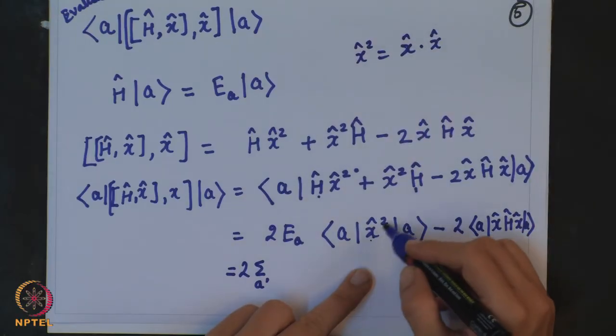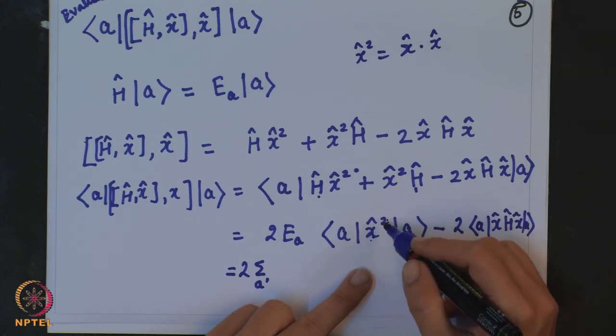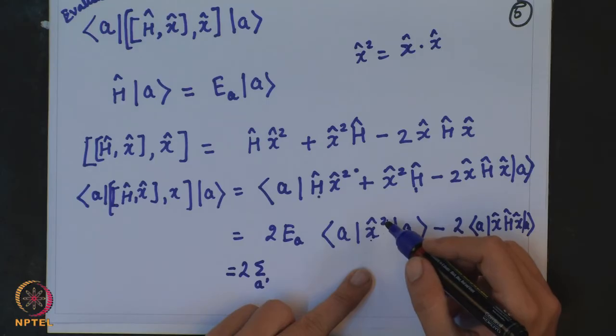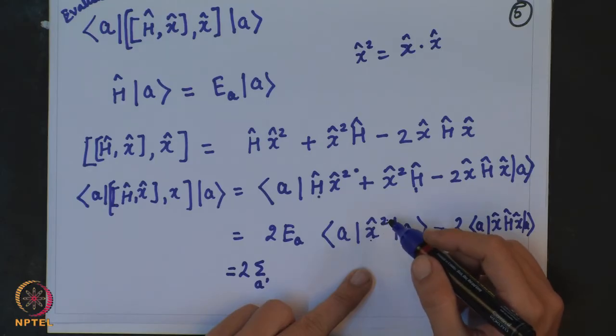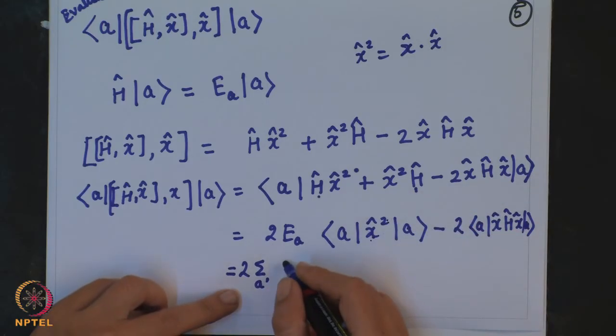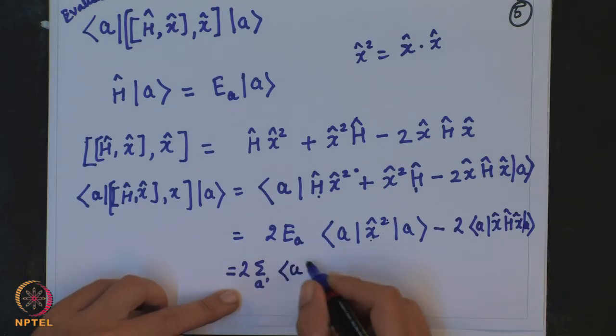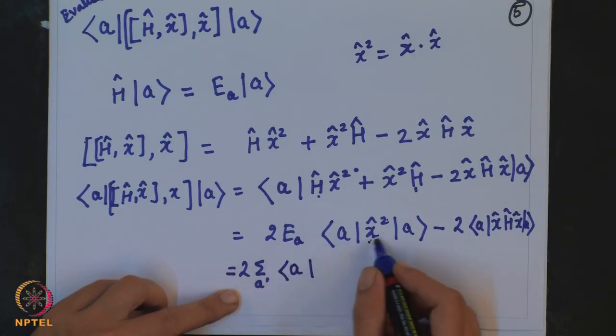So, between these two operators, I can insert a complete set of eigenkets, such that I have A between x and x.